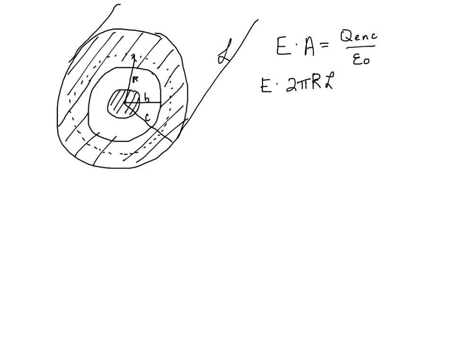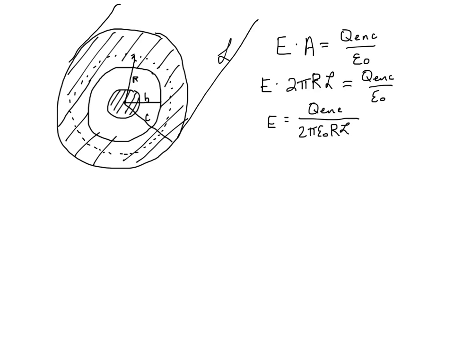So 2 pi r L is the area of the curved sides of the cylinder that forms the Gaussian surface, and that's equal to Q enclosed divided by epsilon 0. The 2, the pi, the r, the L, those are all known to us. The electric field is what we're trying to solve for, so we can put that onto the right hand side. So we have Q enclosed divided by 2 pi epsilon naught r times L.